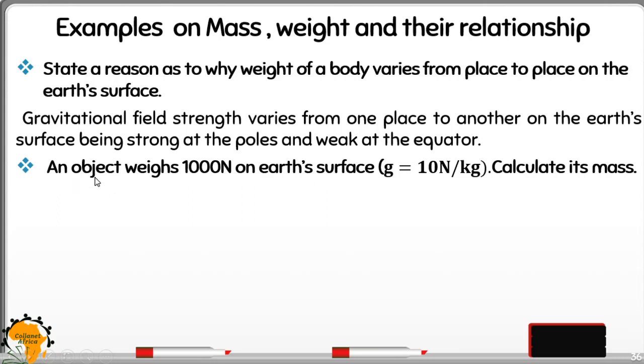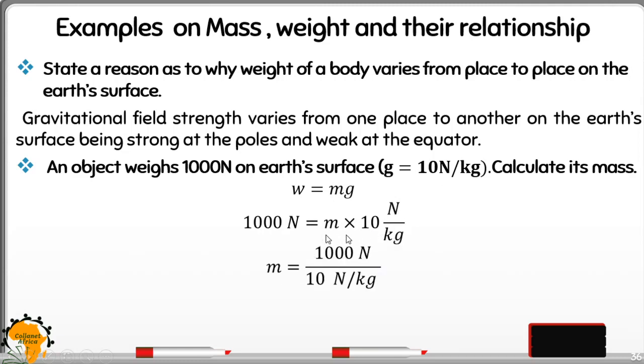Then we have another calculation here. An object weighs 1,000 Newton on the Earth's surface. Calculate its mass. We have this formula, weight is equal to mass times g. We always say that you start with the formula, then substitute. We have 1,000 Newton. We have mass, that is what we are looking for, so we write m, and we have our g, which is 10 Newton per kg.